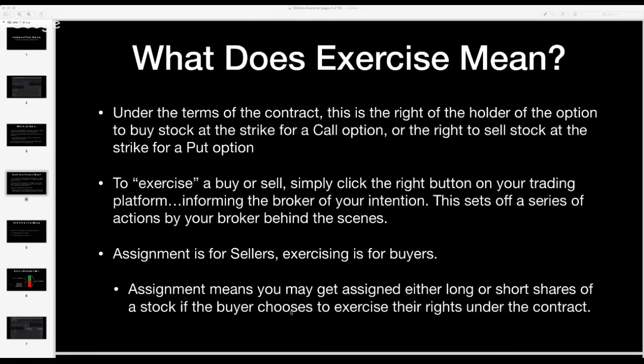And that means that they'll wipe out the option and either place long stock or short stock in your account. Of course, in order to do that, you have to have enough capital and margin and be able to hold that position. If you don't, then we could have a problem.